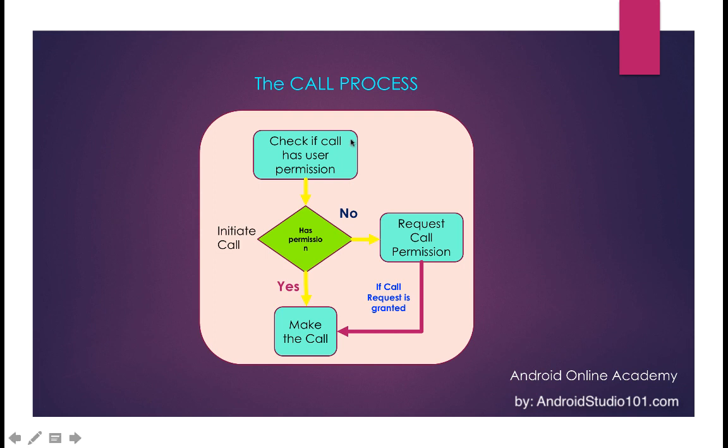So the entire process starts with check number one, the rectangular box at the top. Your code has to check if the call has user permission.